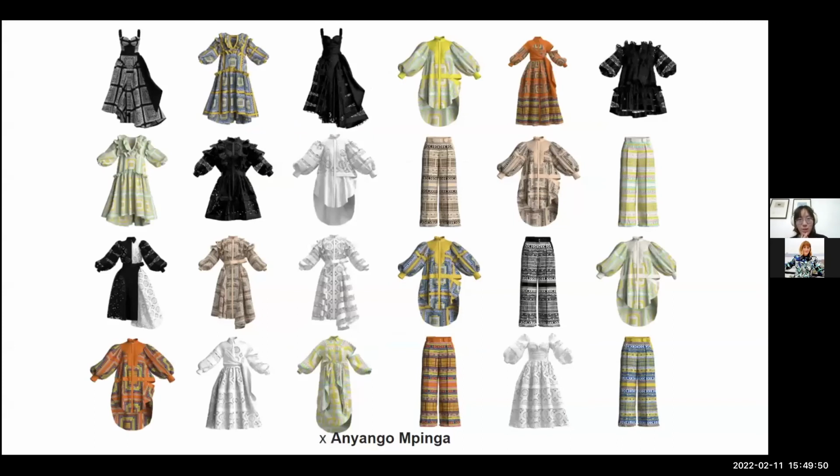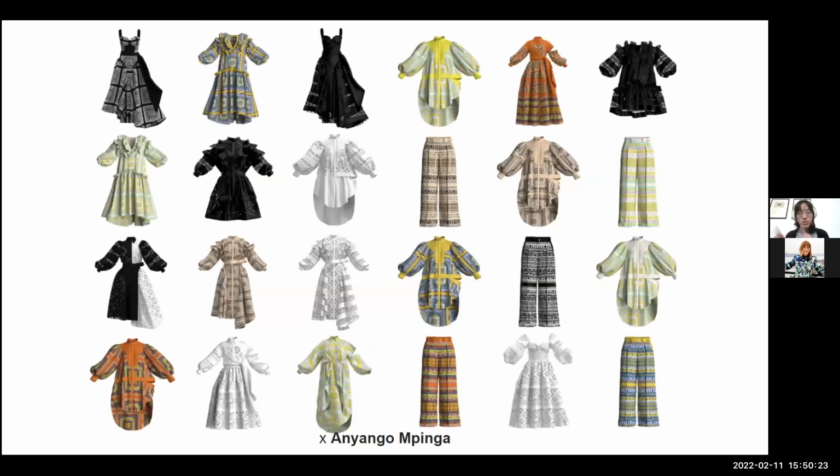So I did this whole collection for independent designer Anyango and Pinga, and her style is really vibrant and colorful. It's not something I would design, but I was really inspired by her design. She had all this design done in her head, and she gave me, you can see the pattern here, repeated square patterns.